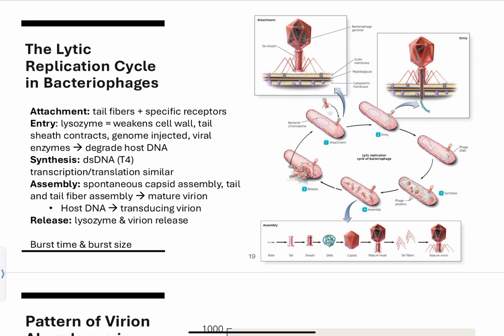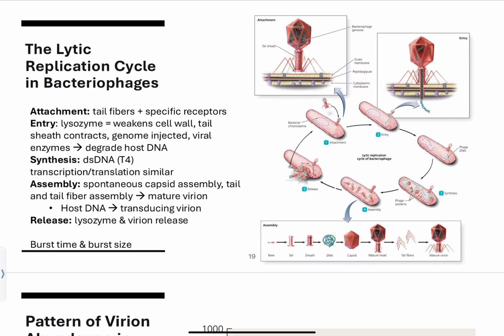Talking a little bit more about the lytic cycle, this cycle is really fast and extremely destructive, as you can imagine, because it's going to cause cell lysis. In this example, it begins with the bacteriophage attaching to a bacterial cell wall using its tail fibers. Once it finds the right receptor, the phage injects its nucleic acid, in this case I believe it's DNA, into the cell, and leaves behind its empty capsid outside of the bacterial cell.